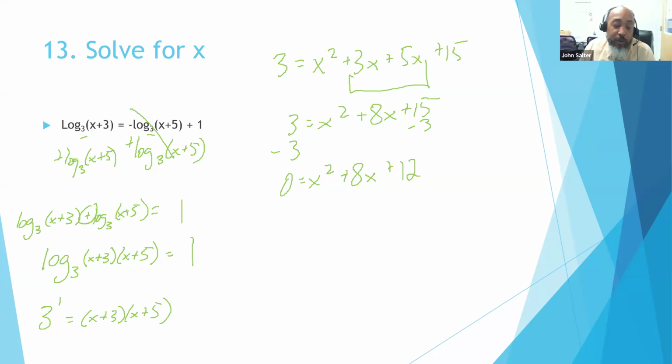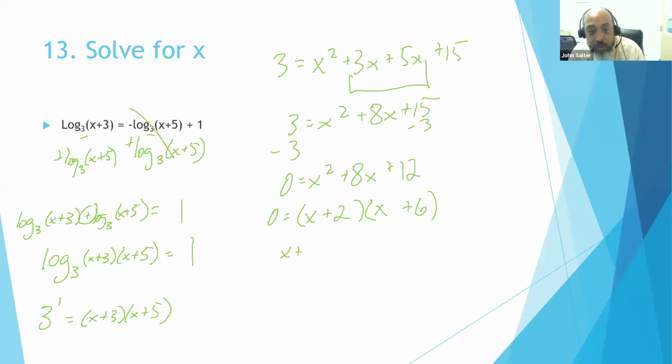If you're familiar with it, feel free to use the quadratic or you can factor. We've learned a lot of different methodologies for solving quadratics or parabolas of this form. I'm going to just factor. It's the one I'm most comfortable with. I know that I can factor this into x plus 2, x plus 6, because 2 times 6 is 12, 2 plus 6 is 8.